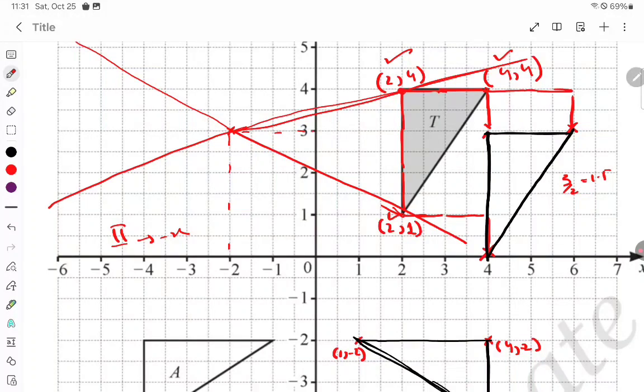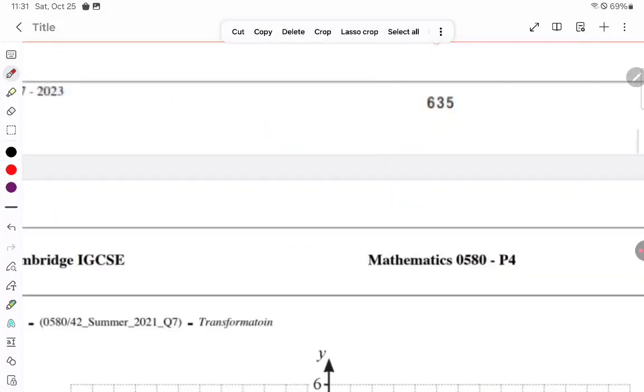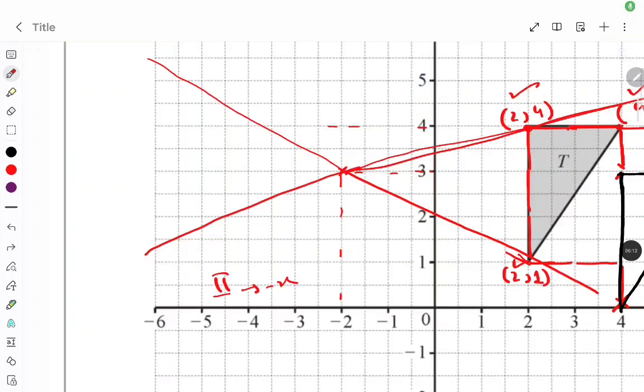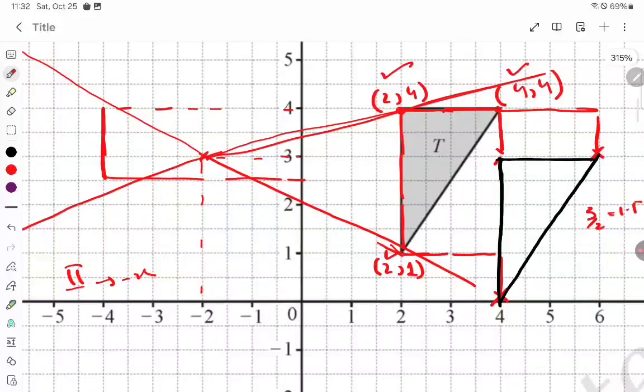For the 1.5, we can start from here. This will become our 1 unit. Again, this will become our 1 unit, 1 unit, and for 1.5. Now this is our 2 units, it will become 1 unit.